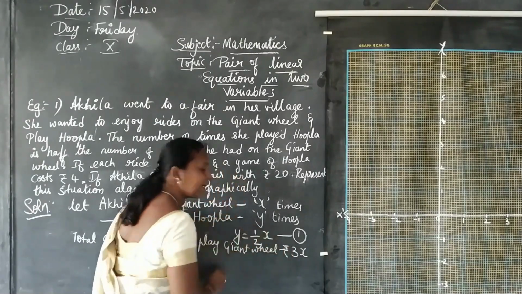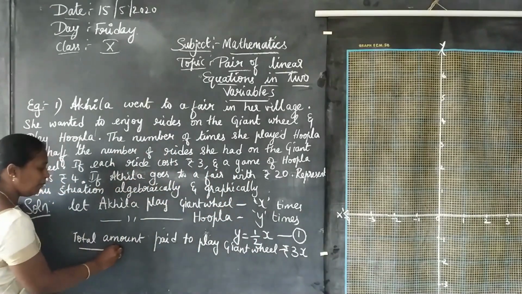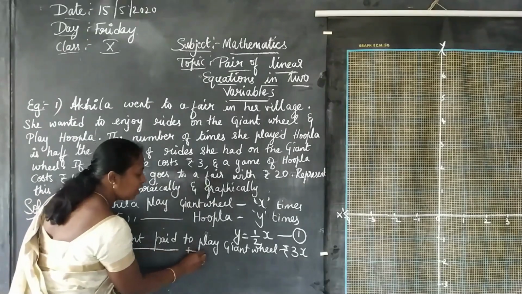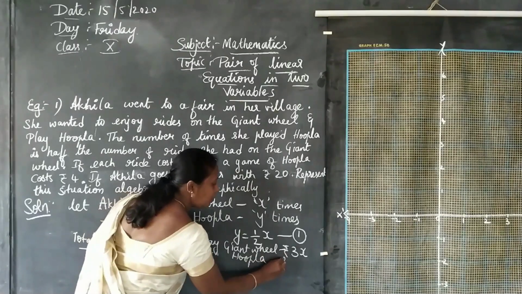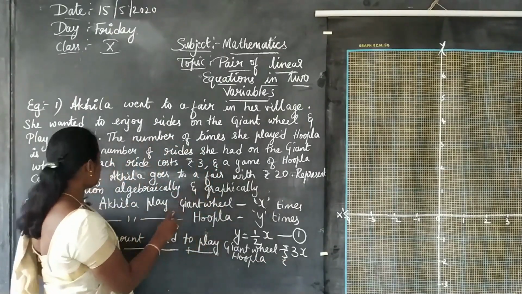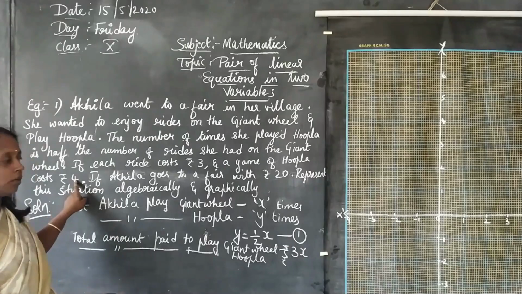The total amount paid to play hoopla is rupees how much? How much is one game of hoopla? Rupees 4.